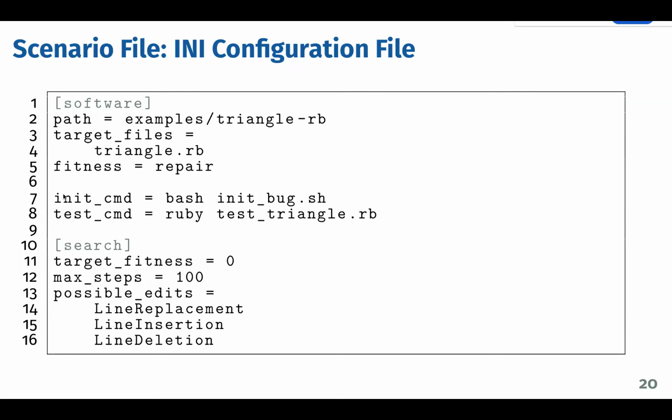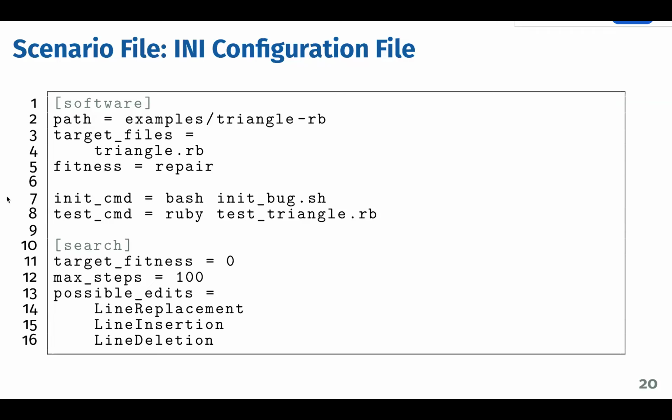You want to target a single file, which is triangle.rb. We want to repair a bug, and there are two commands. One is to execute bash on one specific shell script, and to test whether or not the bug is fixed, you can run ruby test_triangle. Those are the commands that Magpie will automate alongside applying transformations.